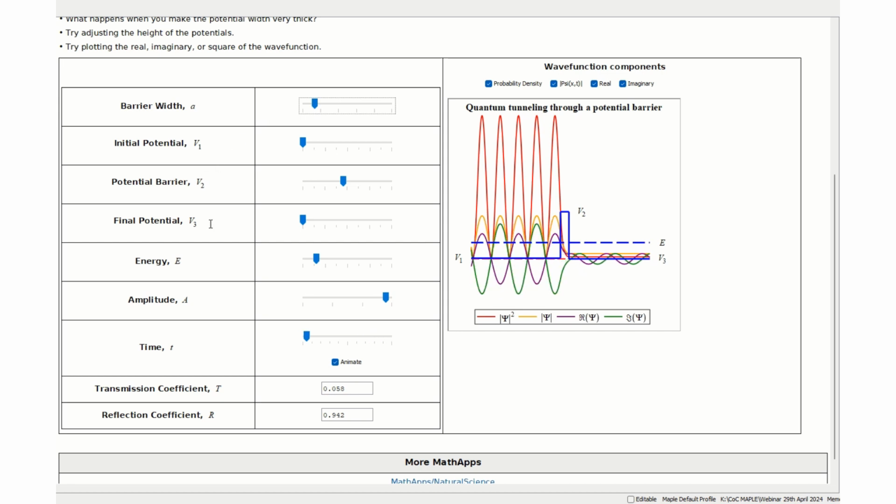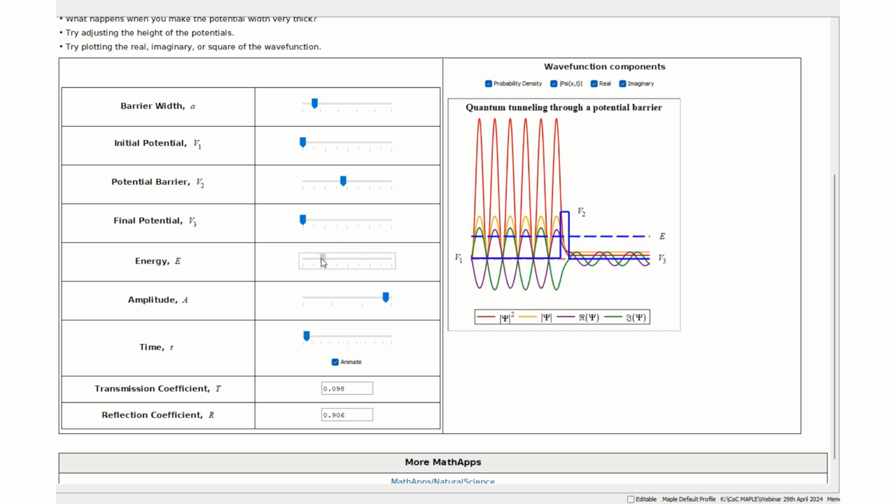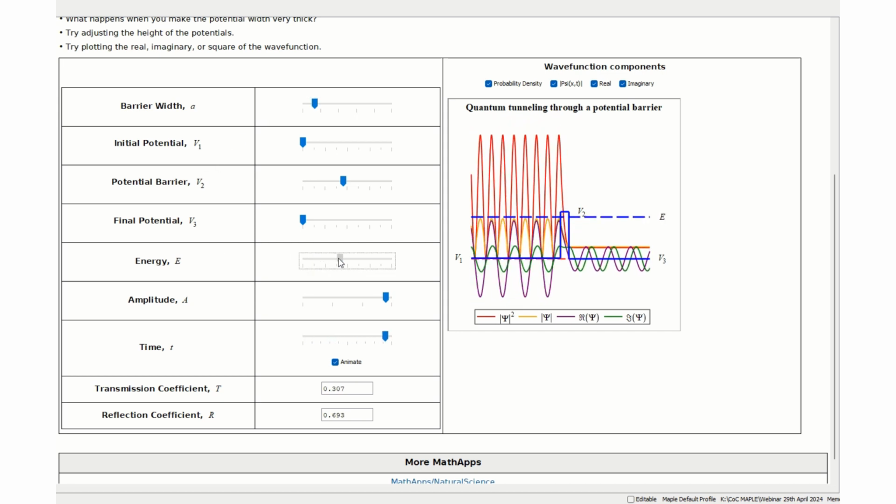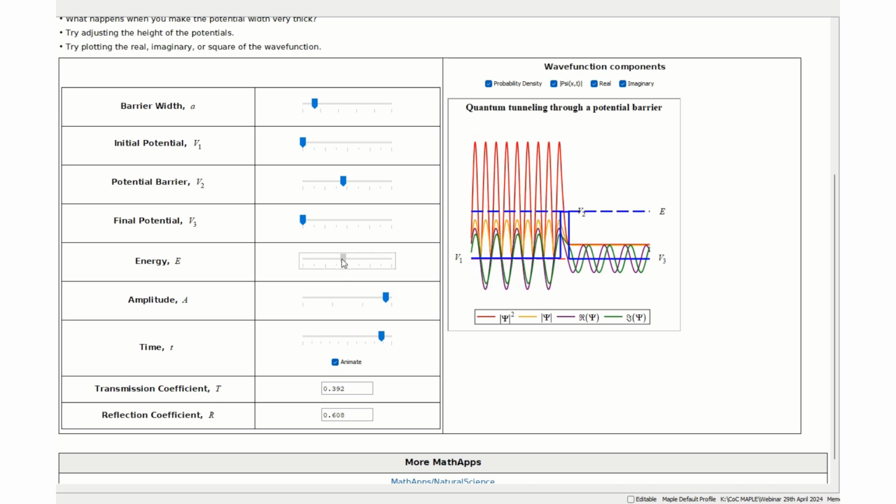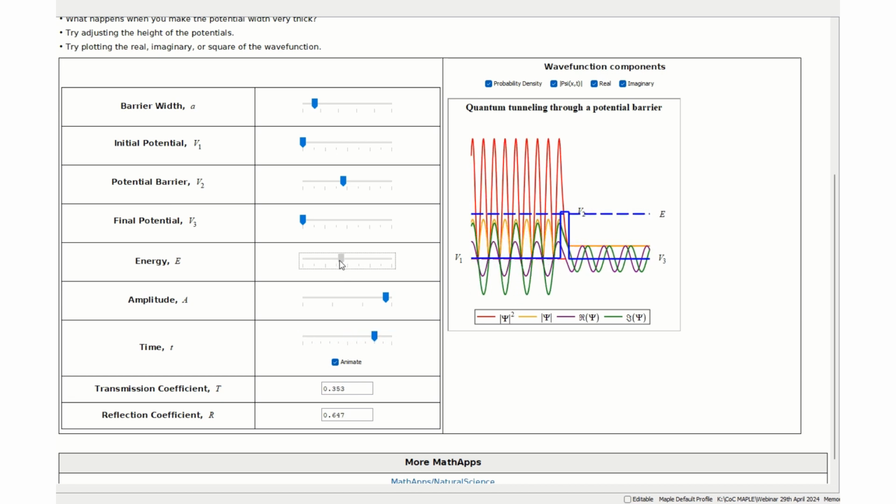And as the energy of the particle increases, the transmission coefficient increases. So this is a wonderful animation that students can understand for swallowing the subject, I believe.